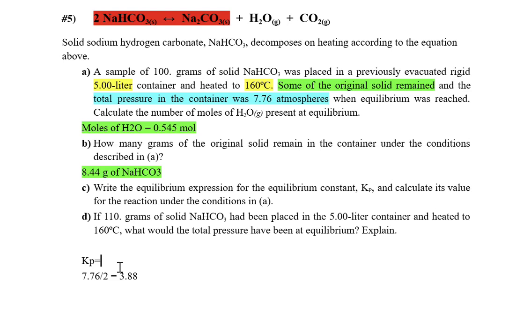So pretty much it's the pressure of this times the pressure of this to find Kp, because these both have a coefficient of 1. So we said that these are equal, so in reality it is just 3.88 times 3.88, or squared. So here we have Kp equals, let's find what that one is.